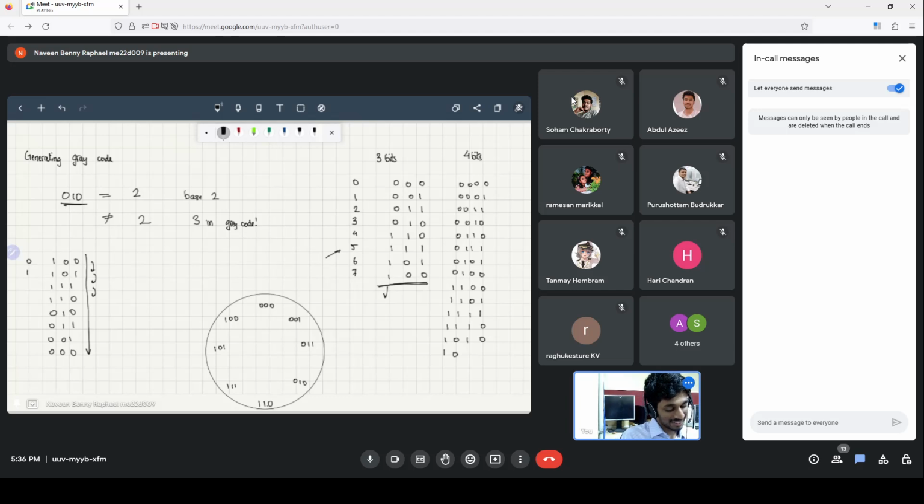Therefore, you can generate a very recursive way of getting the next value of gray code. That is, say you know the gray code for 3 bits.